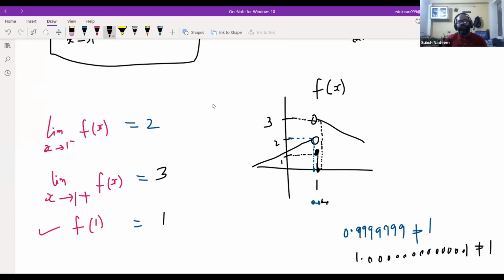So this is how you are getting it. Since the left hand limit and the right hand limit are not equal, we'll simply say the limit does not exist at x is equal to 1.